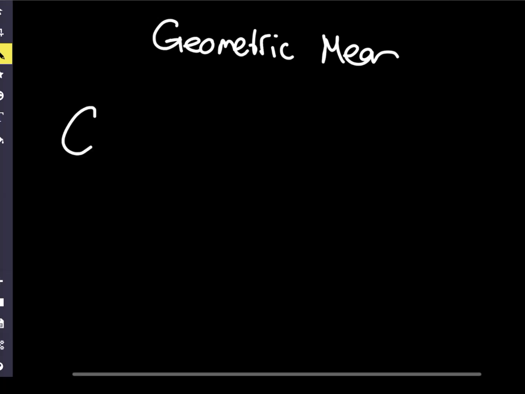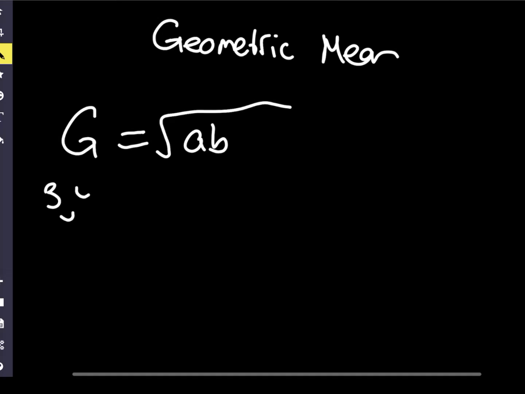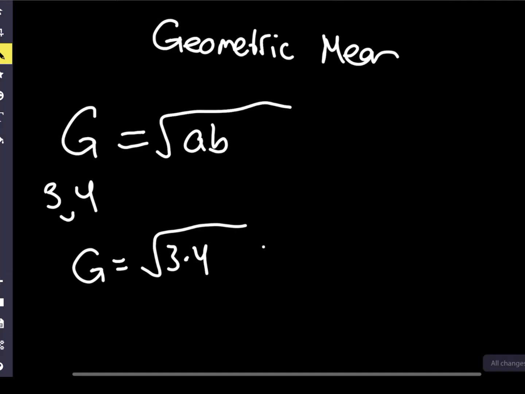The geometric mean, I'm just going to write G, is equal to the square root of the product of the numbers. So if this was 3 and 4, the geometric mean would be the square root of 3 times 4, which would be 2 radical 3.